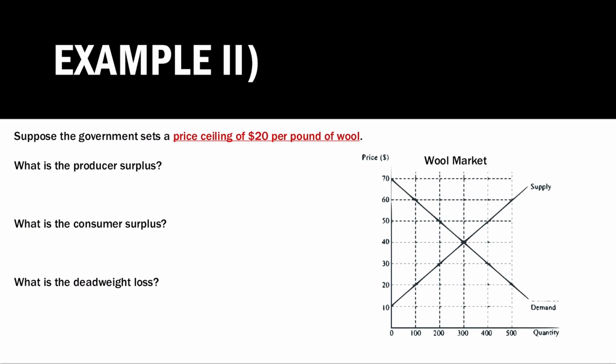And it says, what if they set a price ceiling of $20 per pound of wool? So our price ceiling is going to be $20, just down here, meaning that that's the highest price that we can legally charge. We want to charge $40, but we can only charge $20, so it's binding.